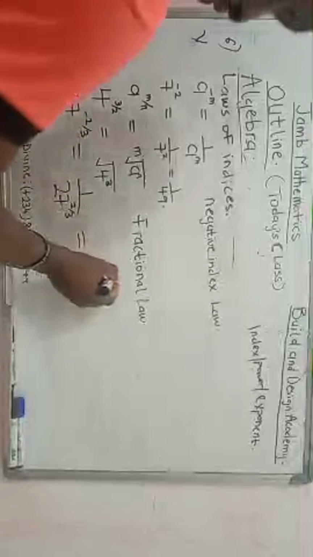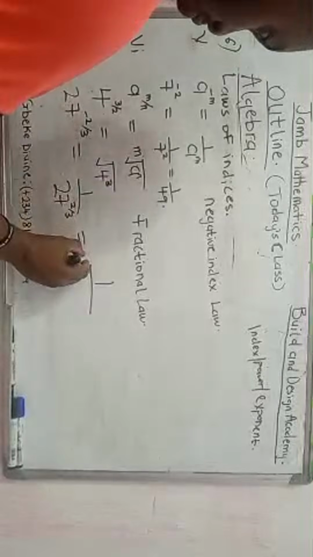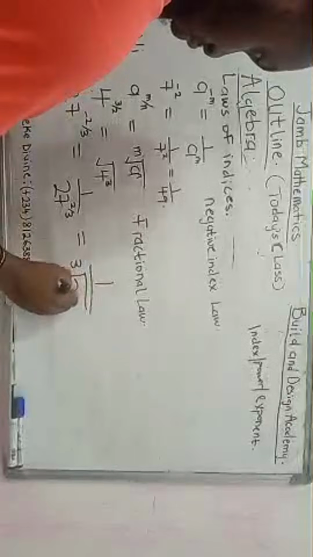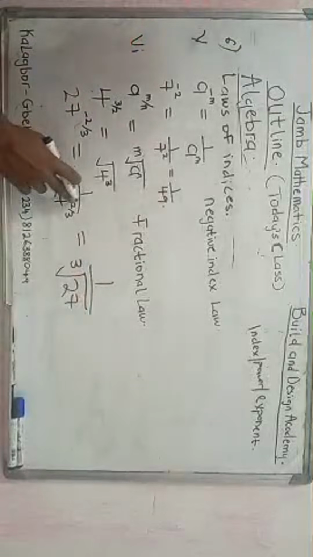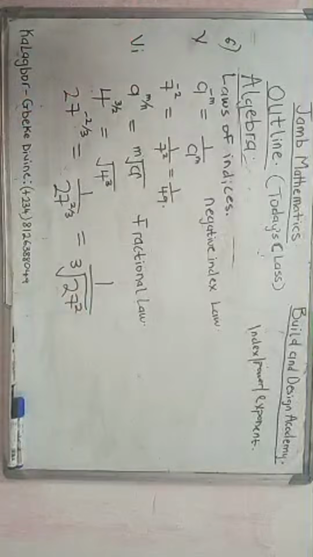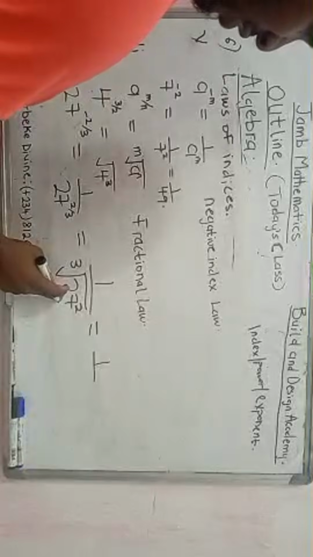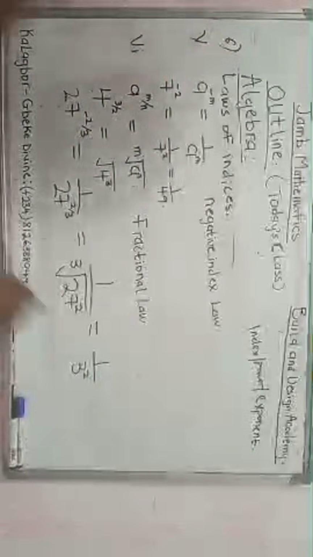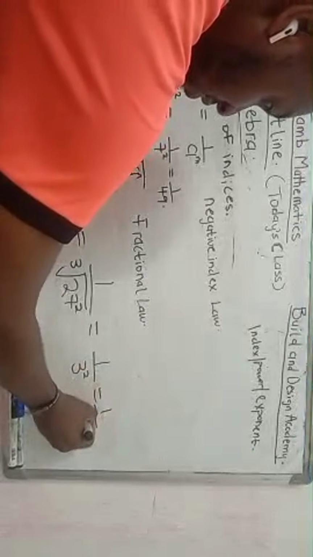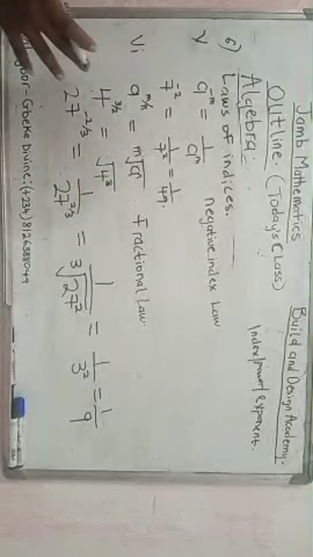So it will now be 1 over the cube root, since this 3 is in the denominator, the cube root of 27. Now the numerator is 2, so it will be raised to the power 2. So we now have 1 over the cube root of 27, which is 3, raised to the power 2. Then we have our final answer, 1 over 9. So please, this can be very tricky, but I need you to understand the steps.